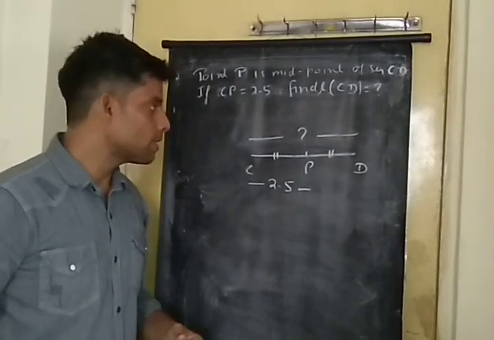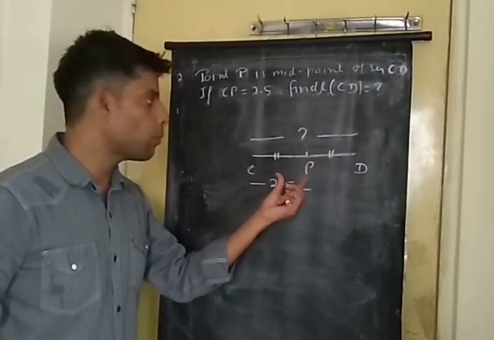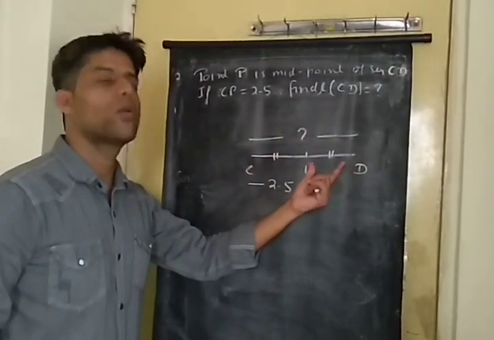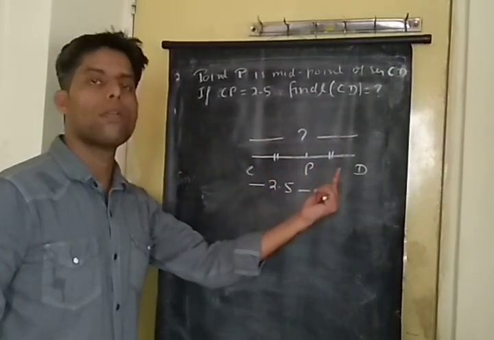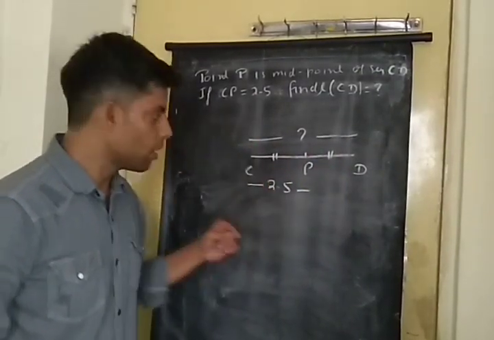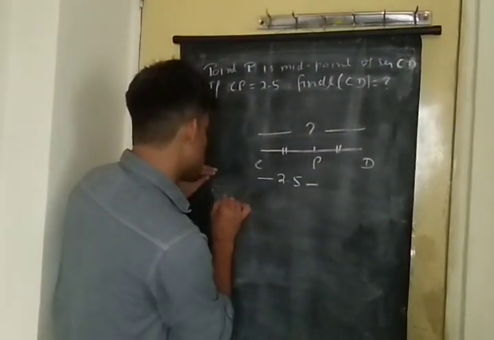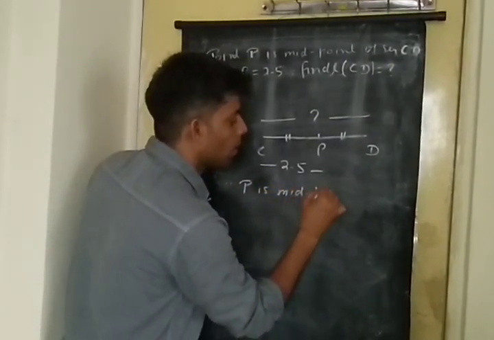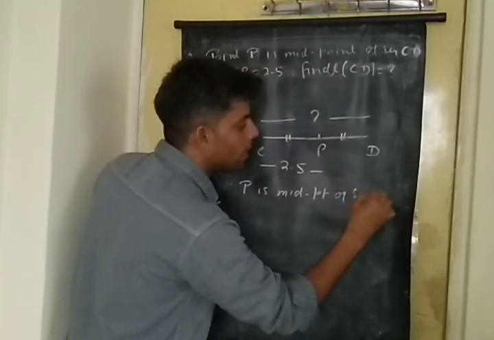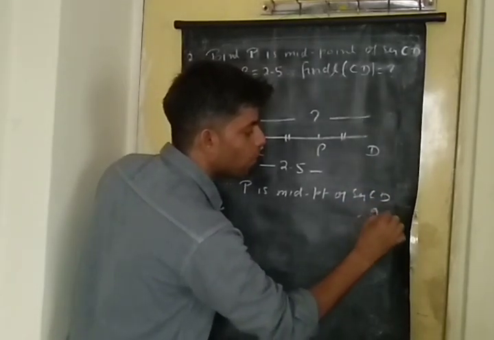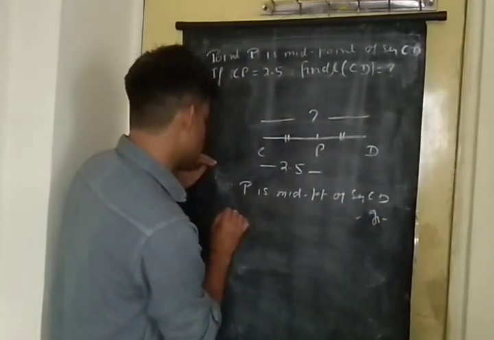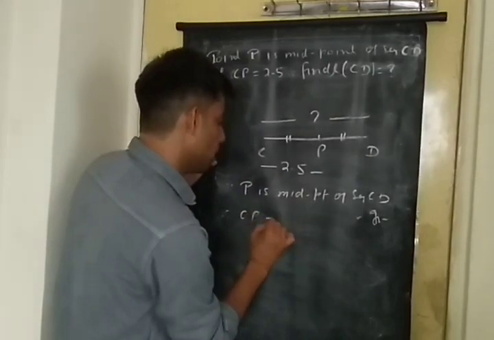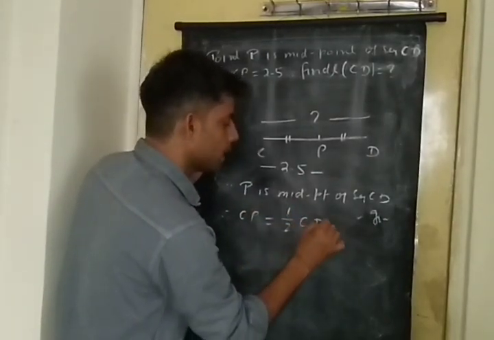Remember students, once again, when we are talking about the midpoint, the two smaller ones are equal and they are half of the bigger one. So we can just write down, since P is the midpoint of segment CD, as is given to us, hence we can say CP will be half of CD.